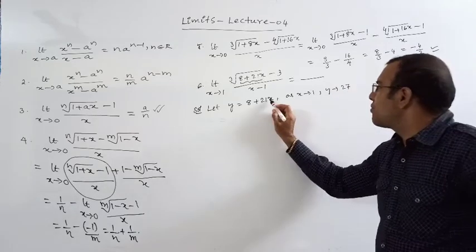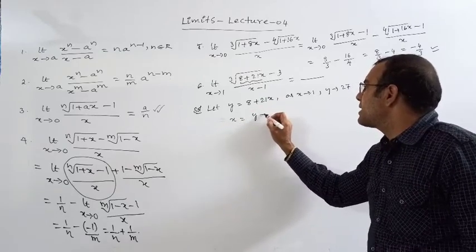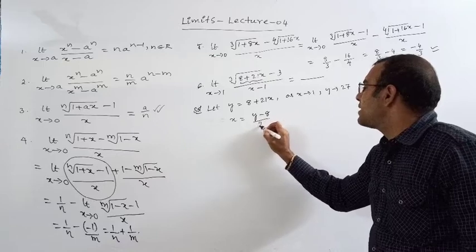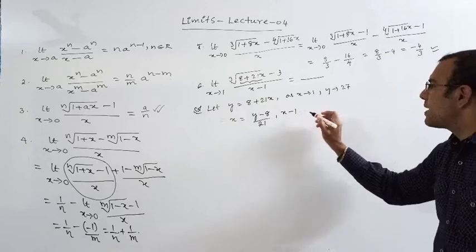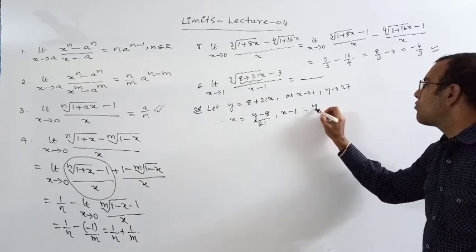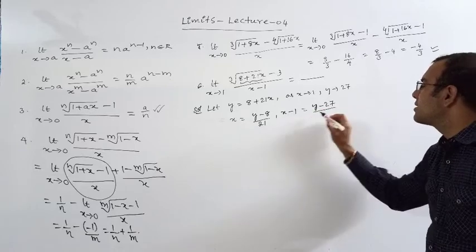Okay, from this what is x? x equals (y minus 8) by 21. And what is x minus 1? Because we need to find out x minus 1. It equals (y minus 27) by 21.